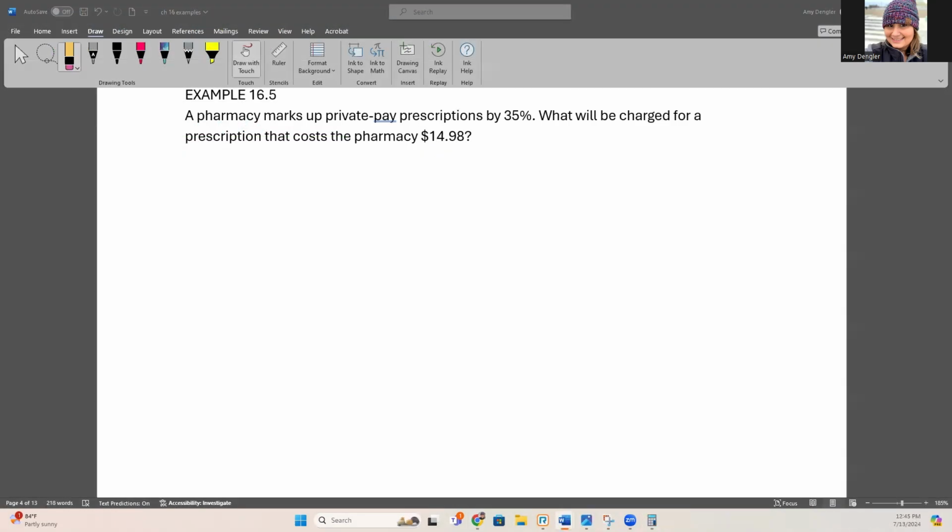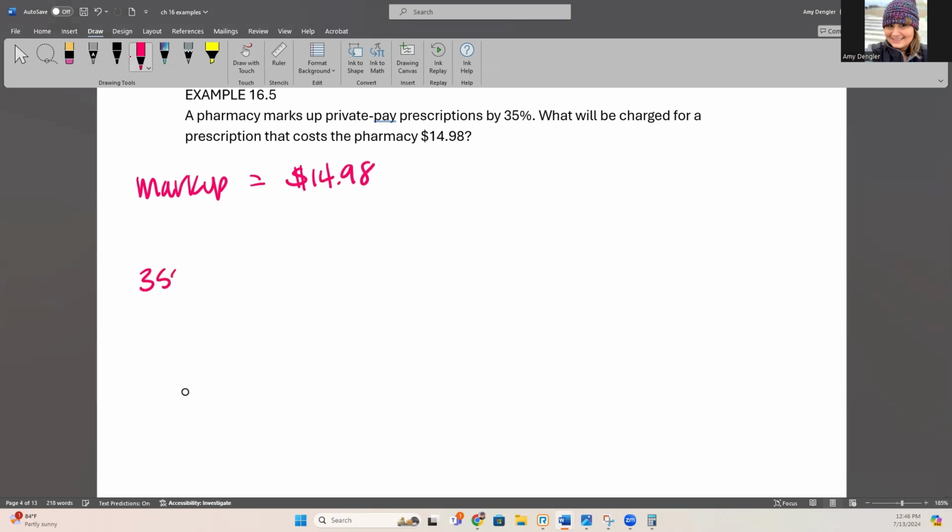Example 16.5, a pharmacy marks up private pay prescriptions by 35%. What will be charged for a prescription that costs the pharmacy $14.98? So first we need to find out the markup. We're going to take that $14.98 and multiply it by the 35%.